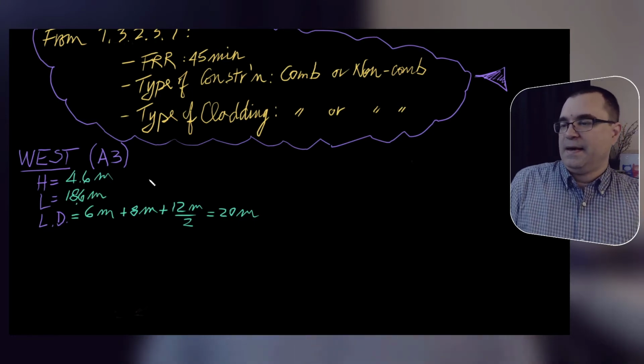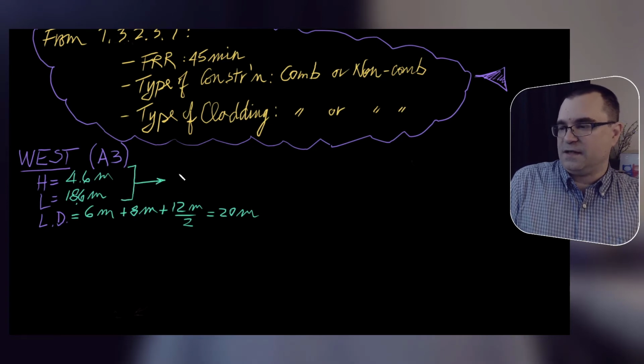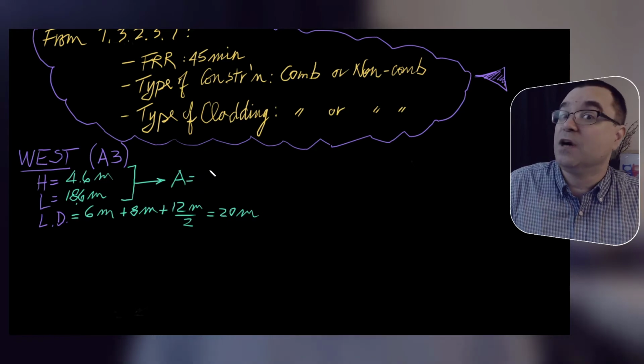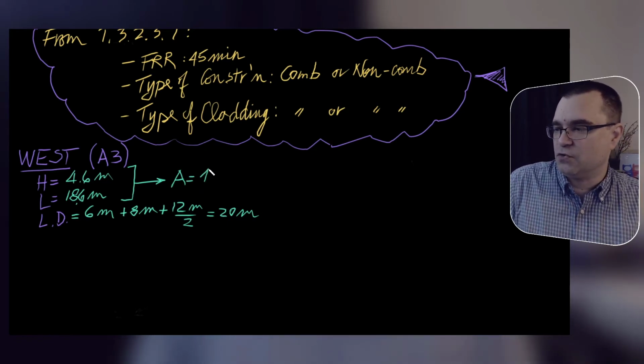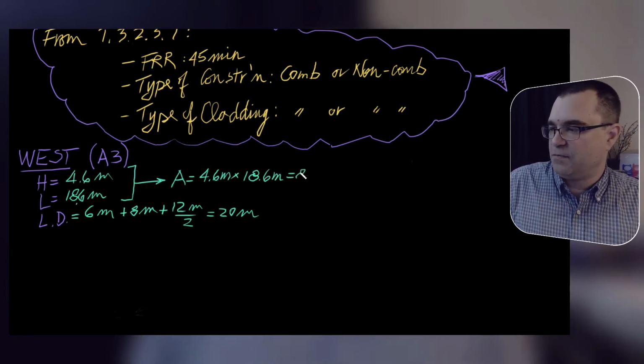Okay. So we're going to use this quantity here, get the area, is H times L, so 4.6 meters times 18.6 meters, which gives us 85.56.